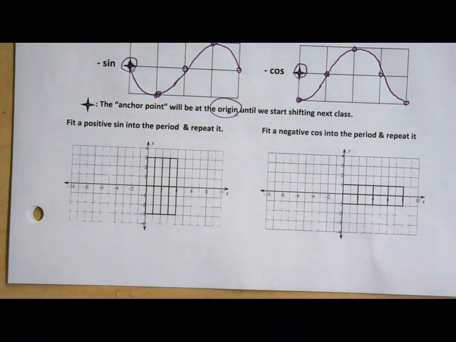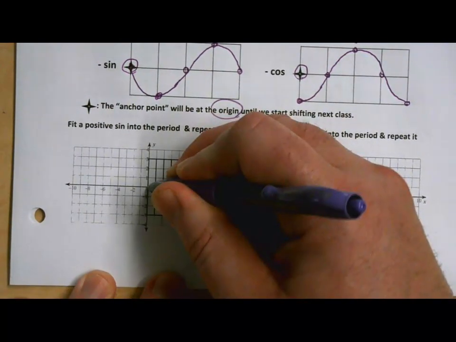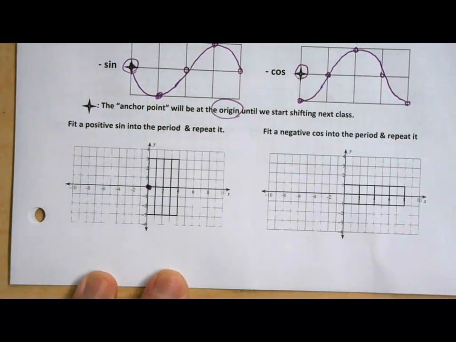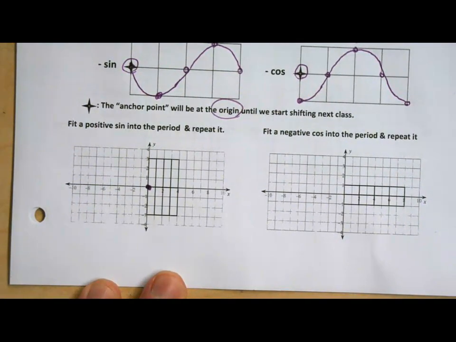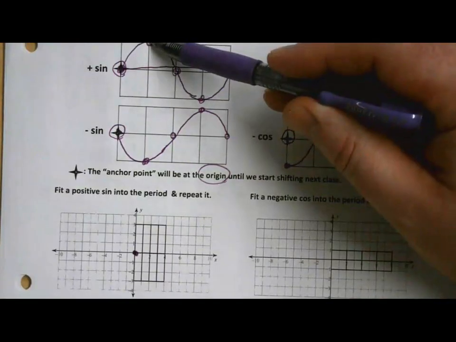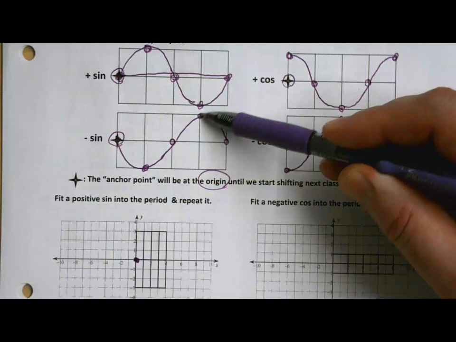All right. Now, I didn't give you an equation here, but I've drawn sort of the framework, and I want you to fit a positive sine into this framework. What I really need you to internalize is that a positive sine has that point at the anchor, and from there it goes up and then back to the center and then down and then back to the center.